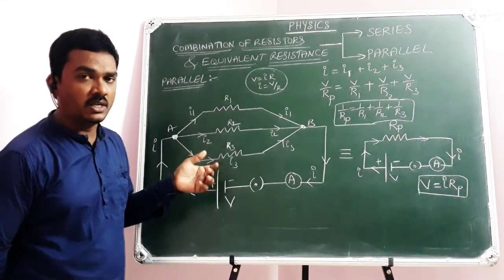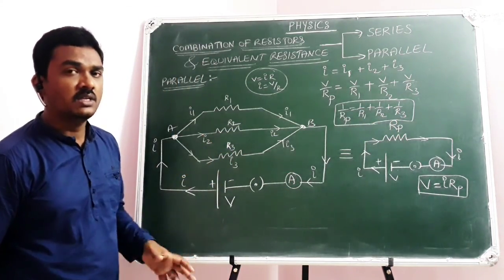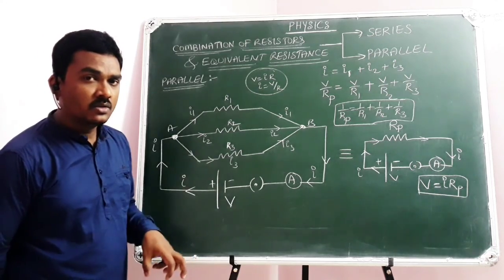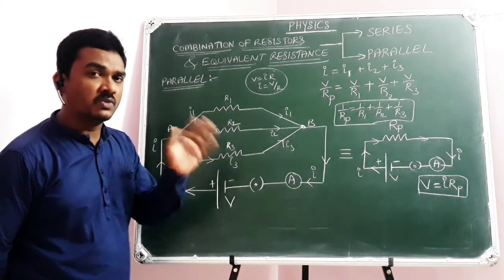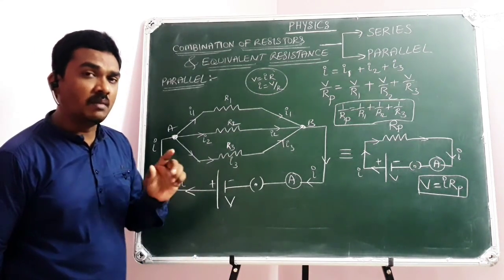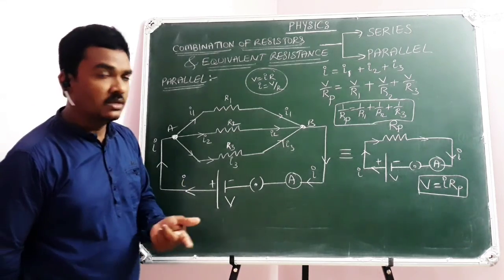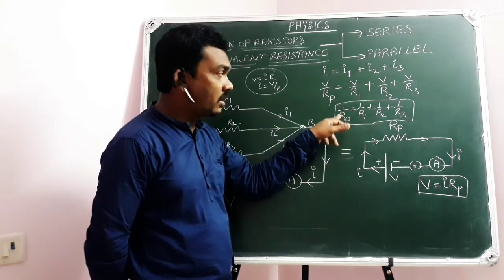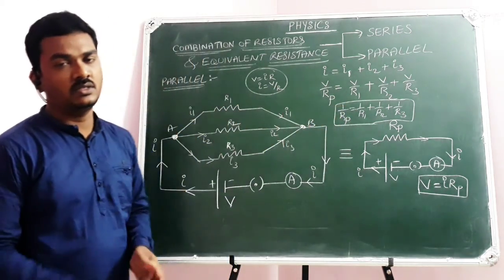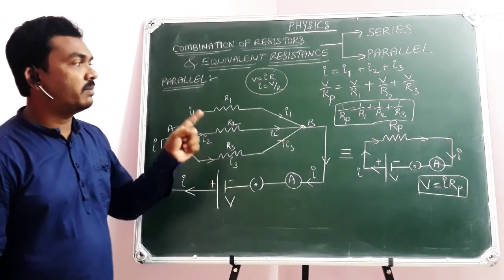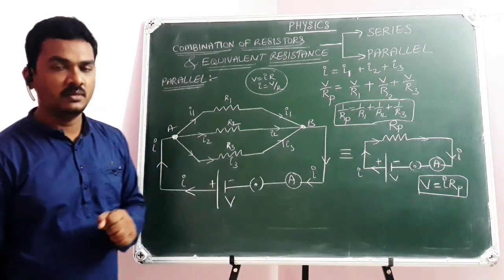R1, R2, R3 are the individual resistances connected in parallel. So 1 by R1 plus 1 by R2 plus 1 by R3 means the sum of their reciprocals, which is equal to the reciprocal of the equivalent resistance. So 1 by RP equal to 1 by R1 plus 1 by R2 plus 1 by R3.